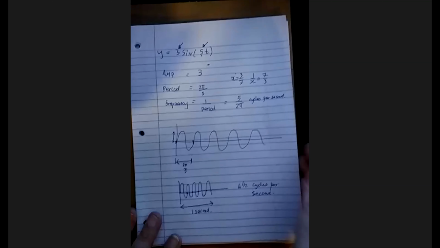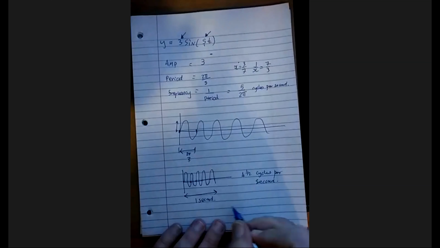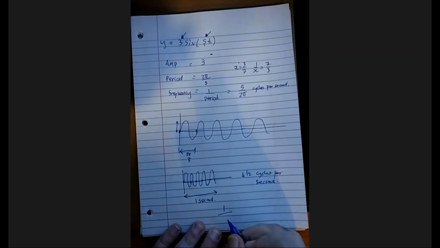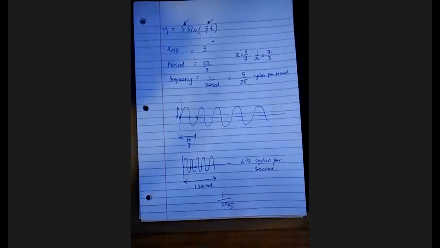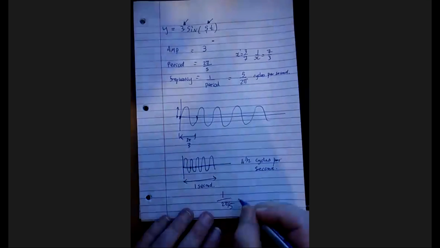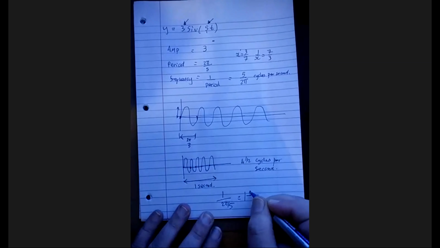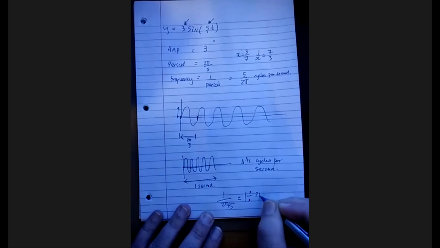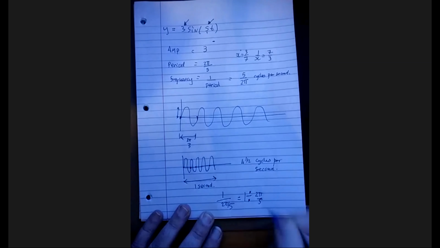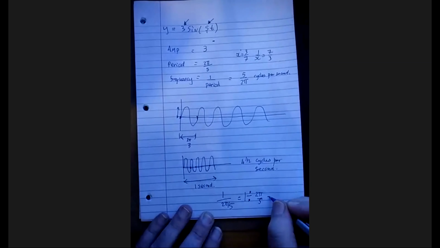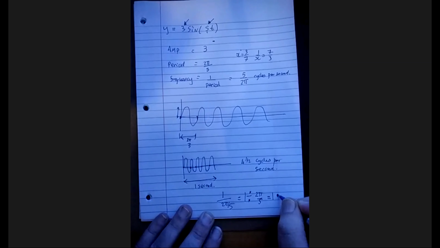Let's show the calculation. It's 1 on the top over 2/5 pi. That represents 1 on the top divided by 2/5 pi, which can be represented as 1 times the reciprocal.